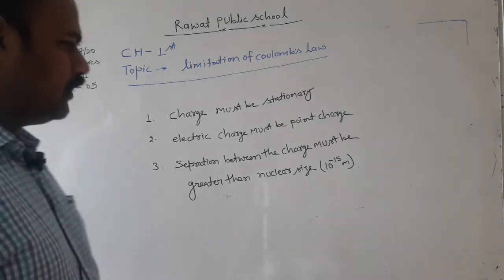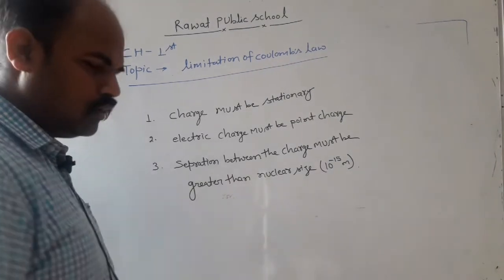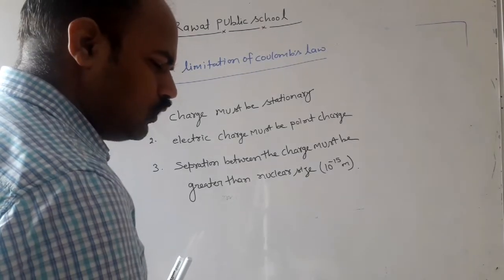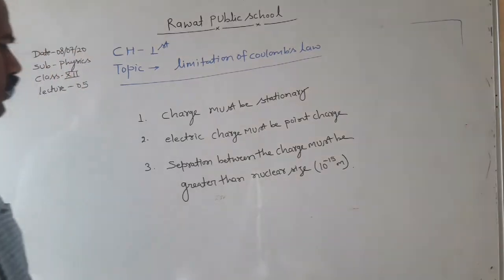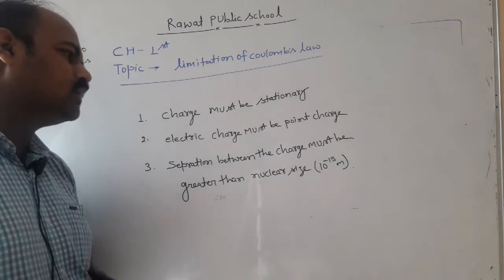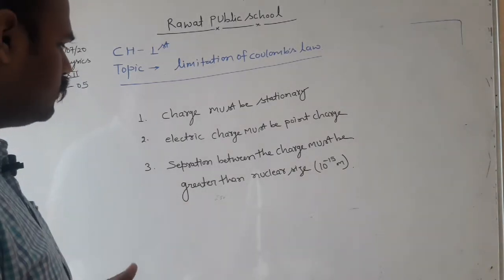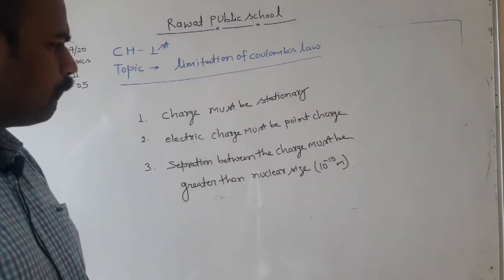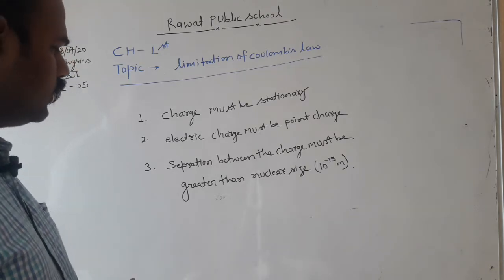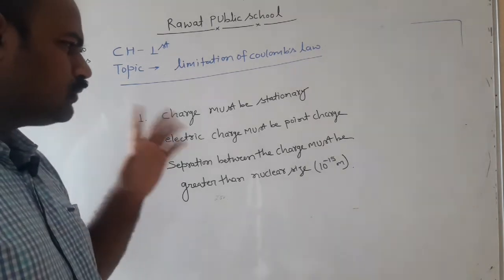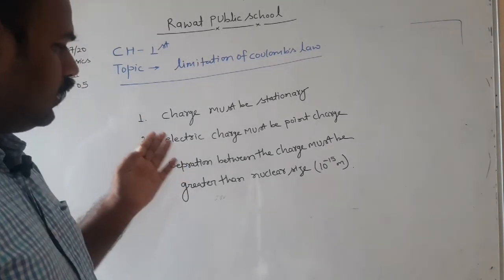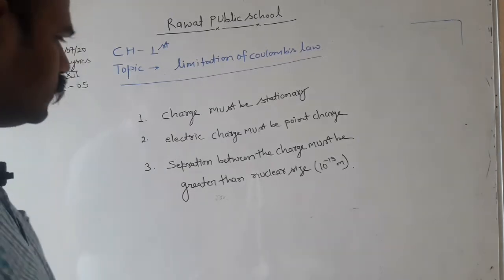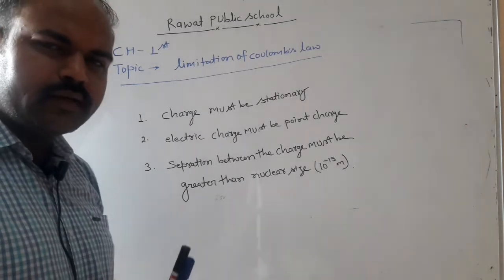Our next topic is the limitations of Coulomb's law. First limitation, charge must be stationary. Second limitation, electric charge must be a point charge. Clear? Charge must be stationary because it is electrostatic, and a point charge should be concentrated at a single point.